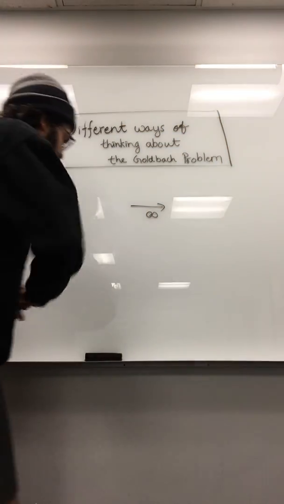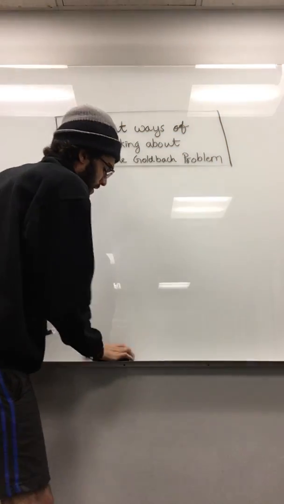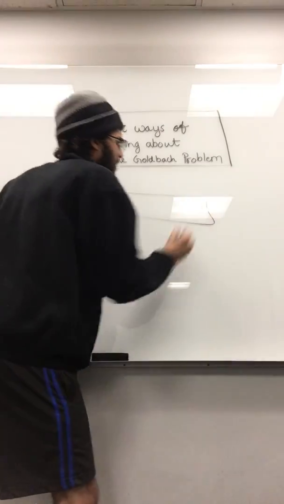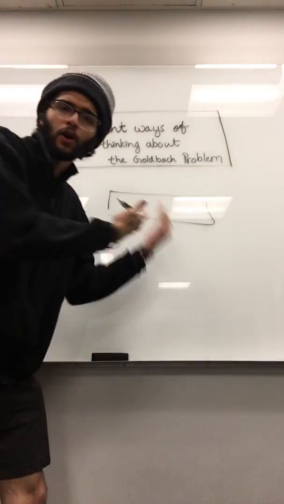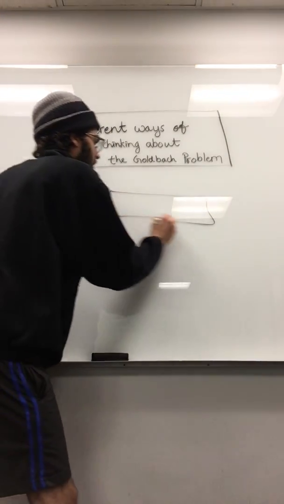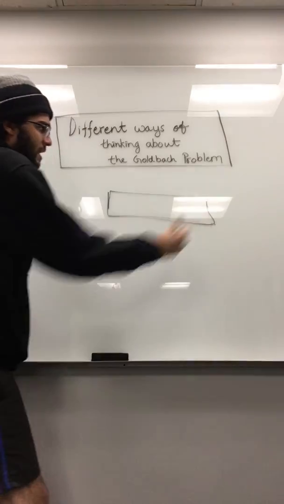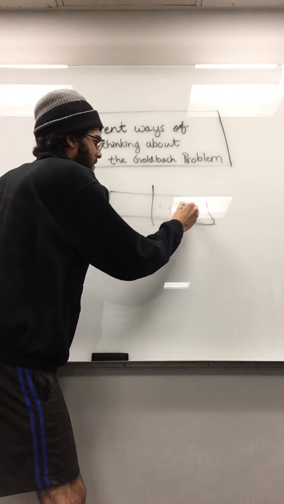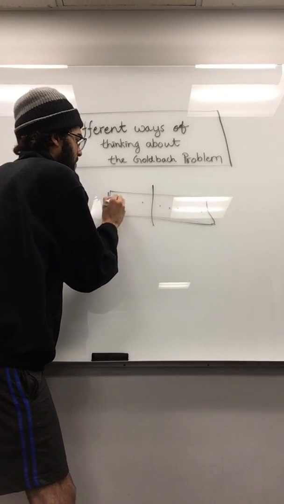So in a more explicit sense, what I'm trying to say is, if this is my even number, I actually spoke about this in some of my previous videos. I say that this is extremely large, and this is the half of the even number, and we have some primes present over here, and we have some primes present over here.